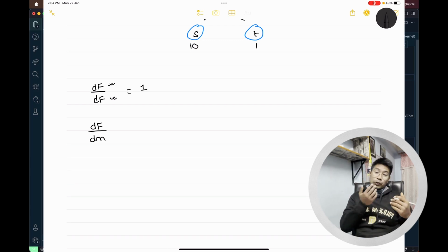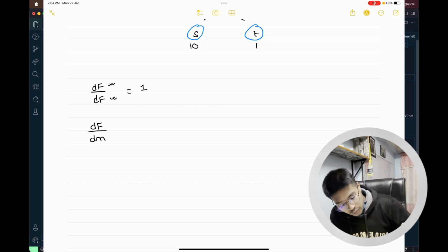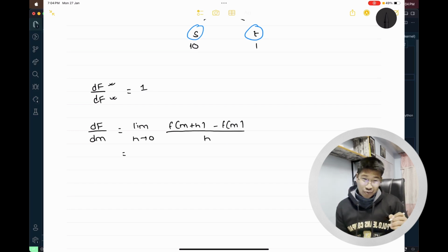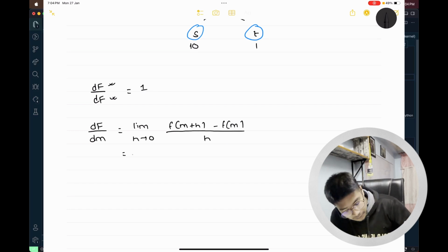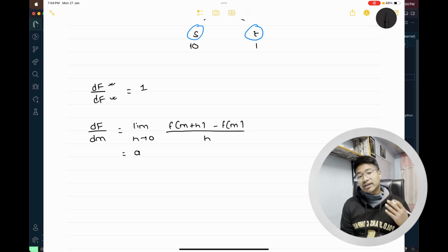And the way you would do this is you would keep your acceleration constant, and then you are able to figure out the limit as h tends to 0 of the function of m plus h minus the function of m, divided by h. I'm not going to do that because we already know the answer is going to be a, meaning the acceleration. So whatever the value of acceleration is, that is how your mass will affect your force.